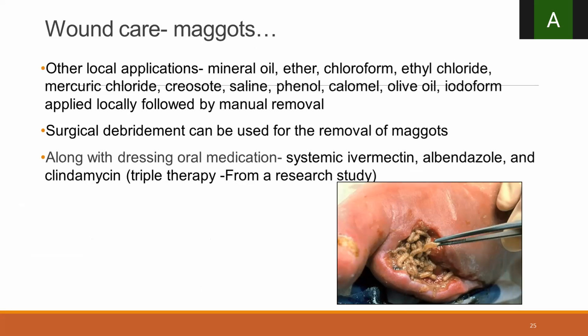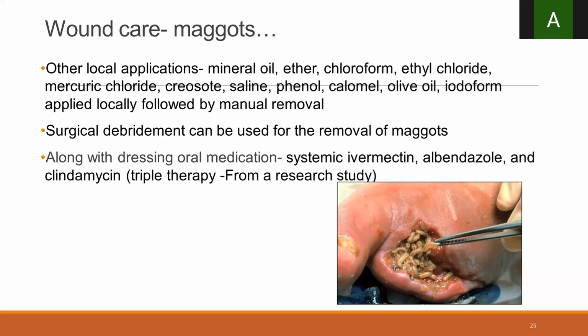For local application, other things are also used instead of this: mineral oil, ether, chloroform, ethyl chloride, mercury chloride, creosote, saline, phenol, calomel, then olive oil, iodoform. Okay, so after that manual removal can be done. They will help further because of lack of oxygen, they will come out.